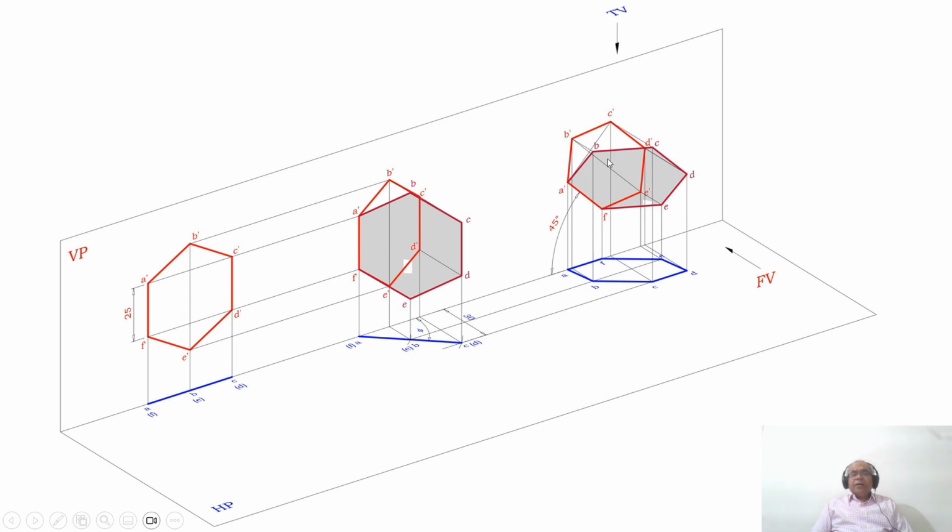As you look from the front view, B is being projected onto the vertical plane. Similarly, C, D, E and F is already on VP. So you are going to get the position here, and then as you look from the top view, you are going to get this as the image.